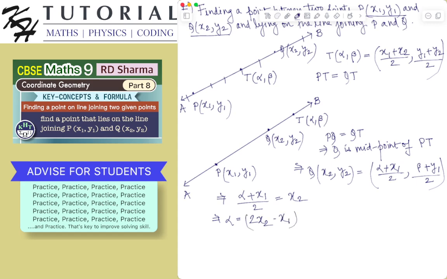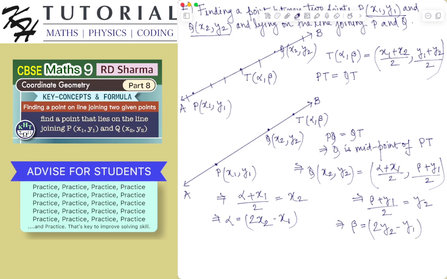Also I will have beta plus y1 by 2 equal to y2. So beta is equal to twice y2 minus y1. So then I have found the values of alpha and beta.